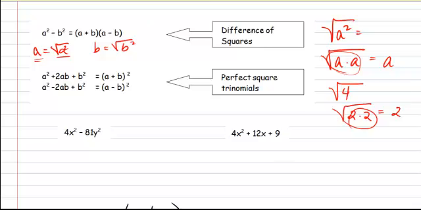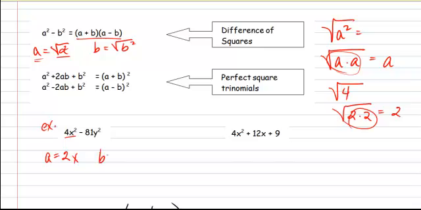Once we know what a and b are, we plug them into this formula right here. It's just a plus b and a minus b. So let's practice that in this example. What is the square root of 4x squared? The square root of 4 is 2, and the square root of x squared is x, so the square root of 4x squared turns into 2x.